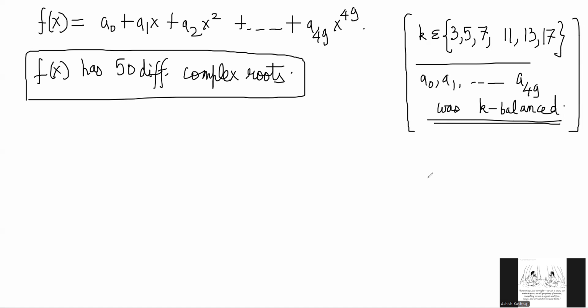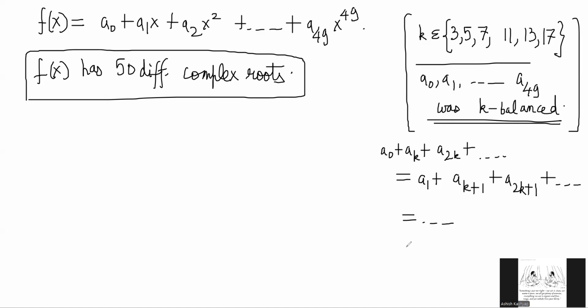What is the meaning of k balanced? We know that A0 plus Ak plus A2k is equal to A1 plus Ak plus 1 plus A2k plus 1 and so on till Ak minus 1 plus A2k minus 1 and so on. This is the meaning of k balanced. And it is k balanced for all the values 3, 5, 7, 11, 13, 17.